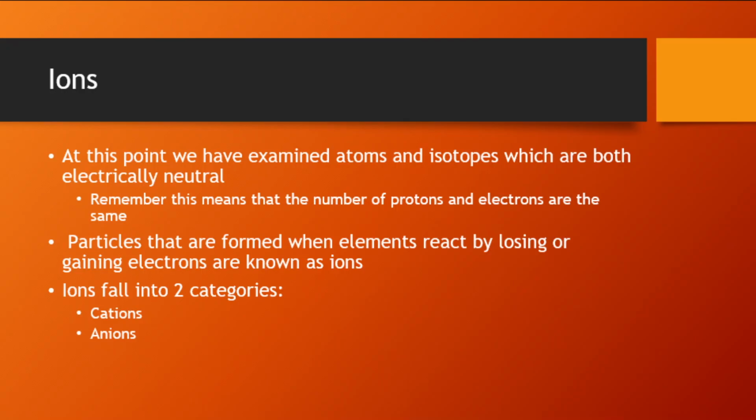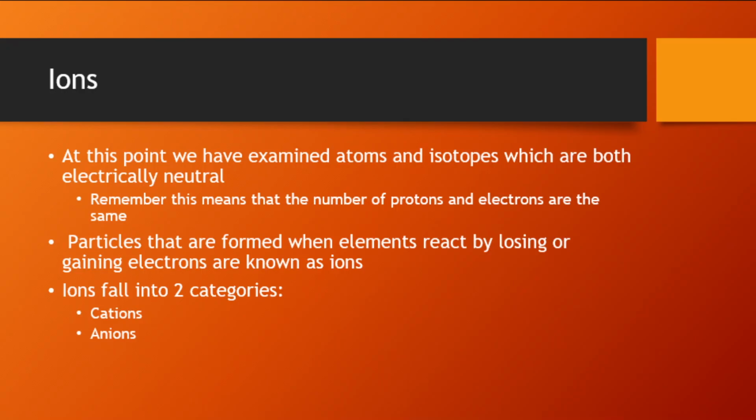All right. And we're going to continue to talk about the structure of the atom by introducing something a little bit different. We've been dealing with atoms and isotopes, and atoms and isotopes are both electrically neutral. So that means that the number of protons and the number of electrons are the same in atoms and isotopes.